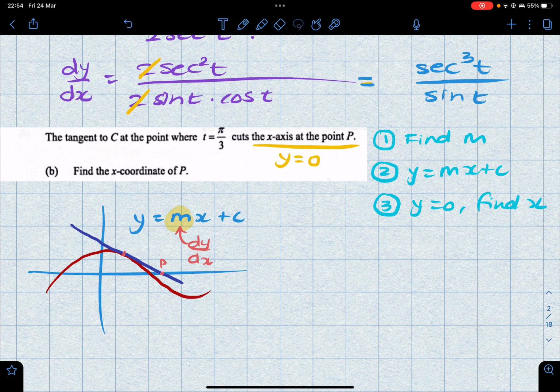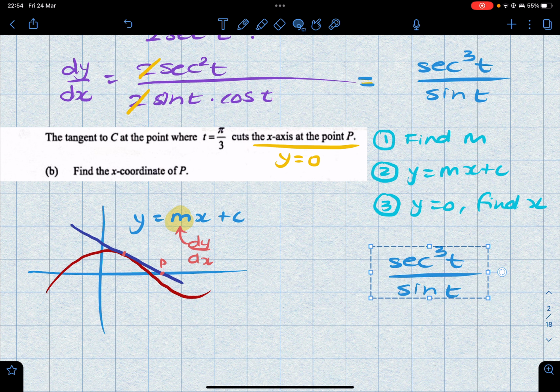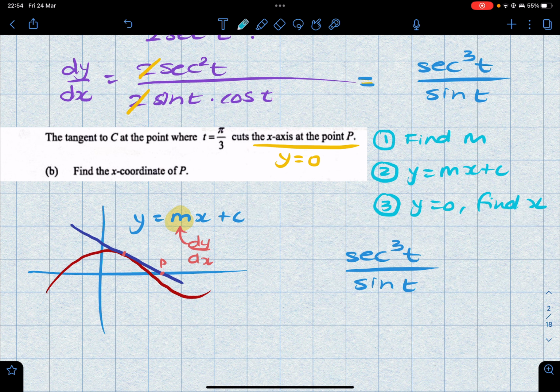So let's start with dy by dx. So this is dy by dx. And instead of t, we're going to substitute pi over 3. Make sure your calculator is in radians.